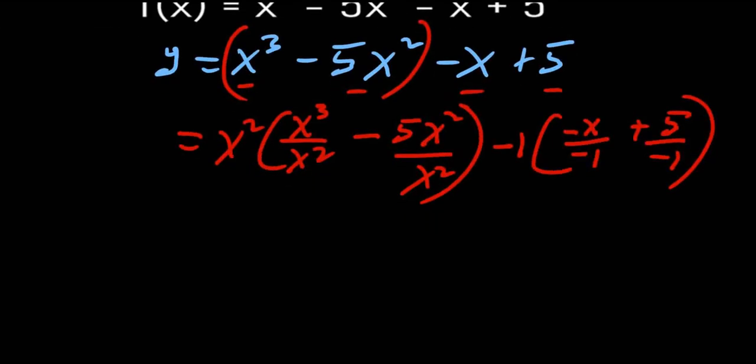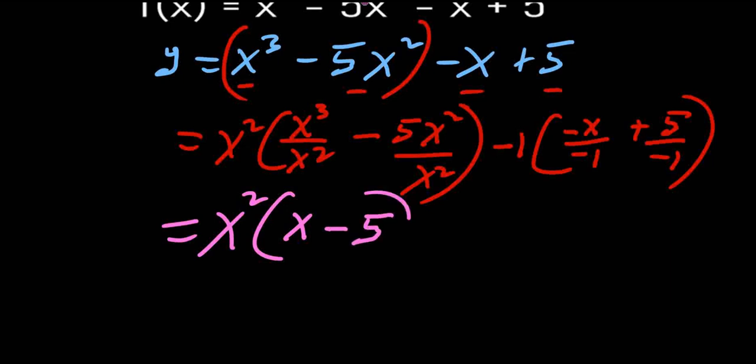So now x squared parenthesis. If you divide x cubed by x squared, that's going to give you just x. And negative 5x squared divided by x squared is going to give you negative 5. Now simply bring this negative 1 over here.